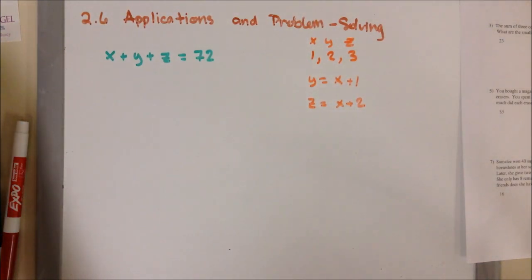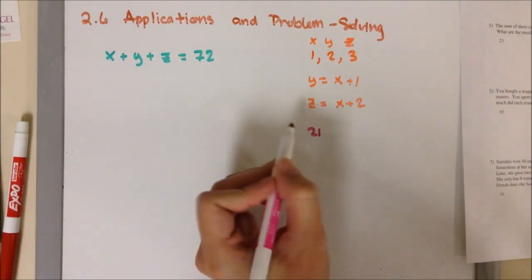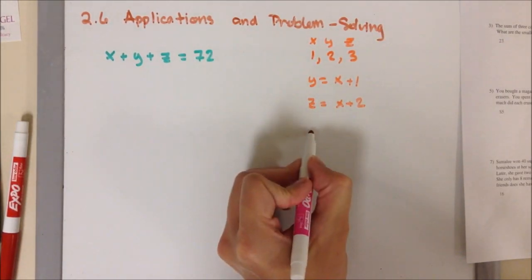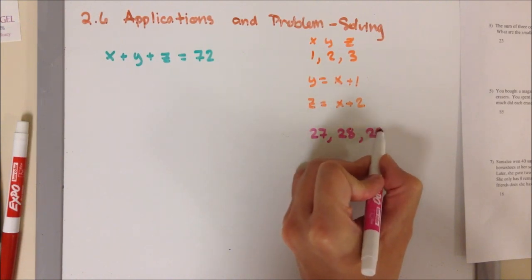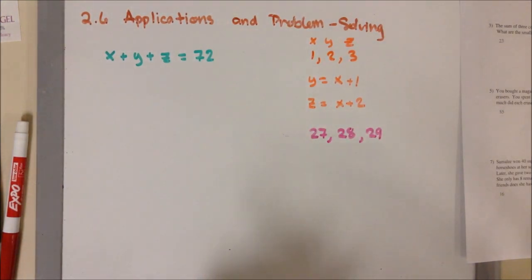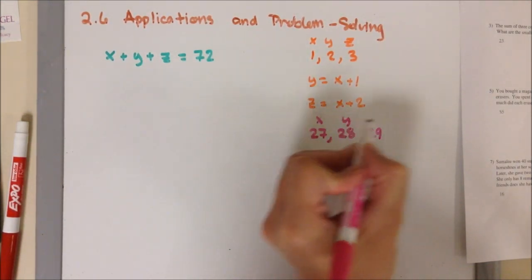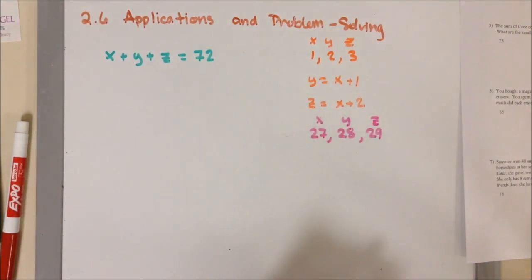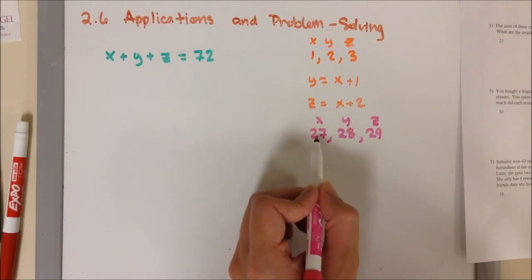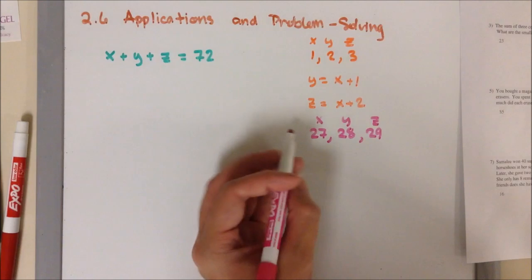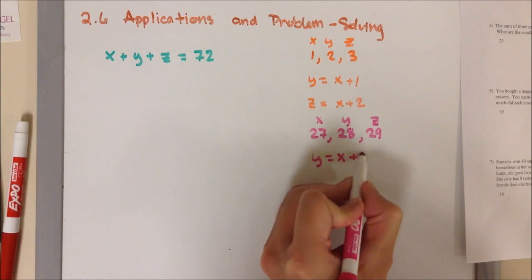Now let's do another set of consecutive numbers. Let's say 27, 28, 29. These are three consecutive numbers. If I label 27 as x, 28 is y, and 29 is z. To go from 27 to 28, I added 1 to x, so y equals x plus 1.